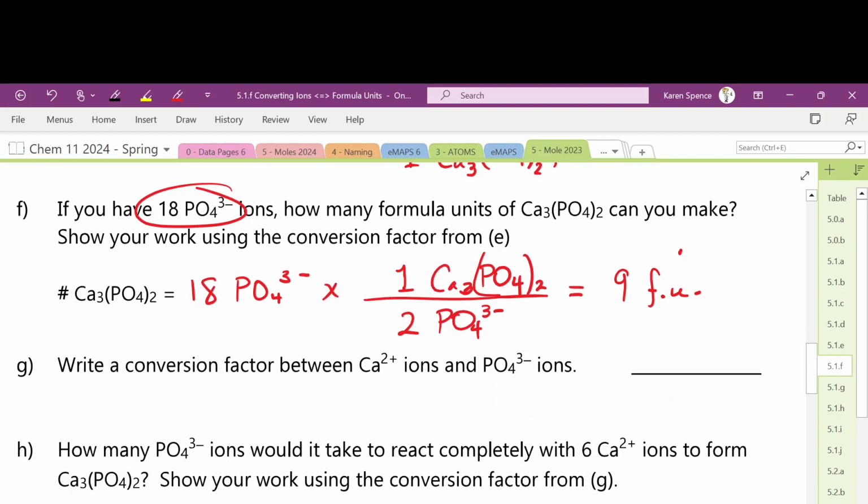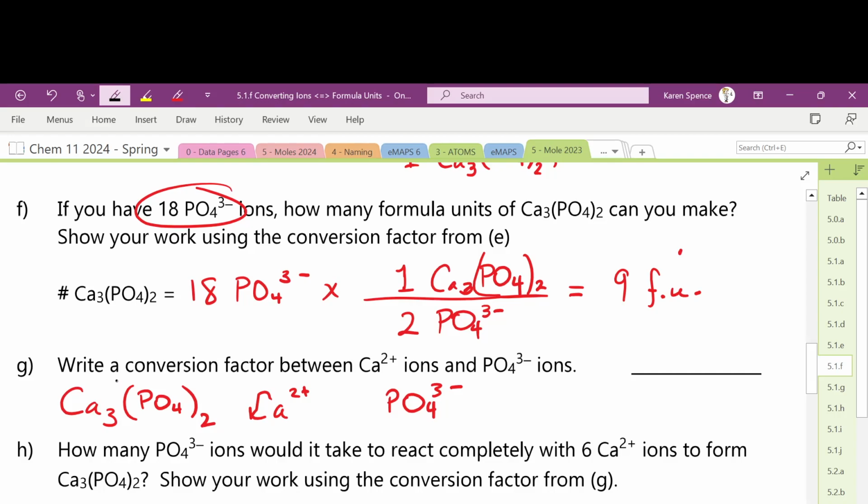What is the conversion factor between Ca2+ ions and PO4 3- ions? Ca2+ and PO4 3-. Ca3(PO4)2. And you just need to look at the formula, right?